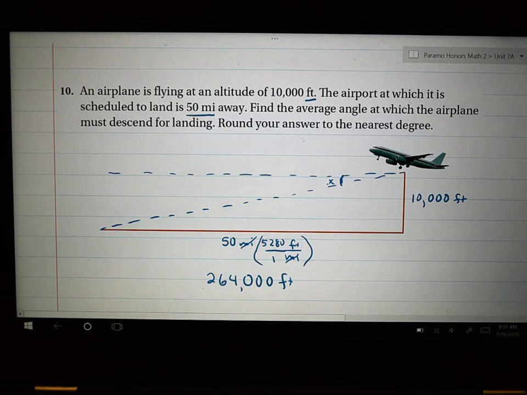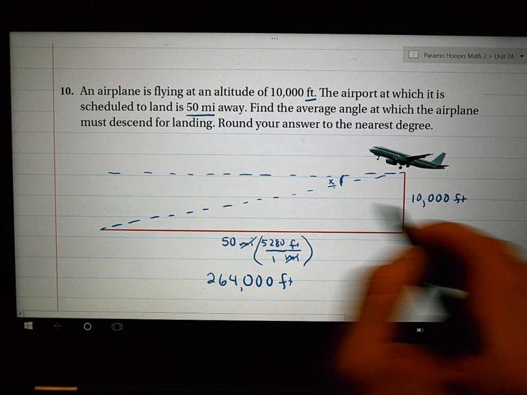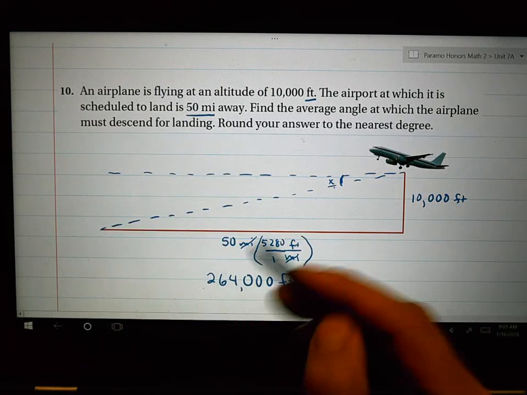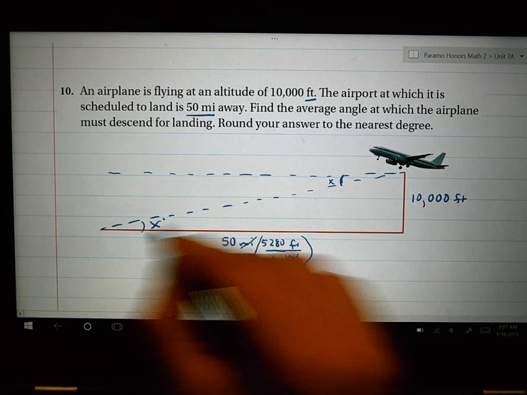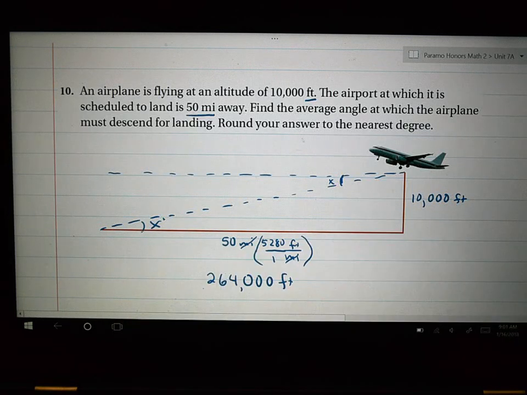And earlier, I told you that the angle of depression is congruent to the angle of elevation. So I can put the x there, and I can put the 10,000 over here, but a lot of times I'll just put the x in the same spot because they're congruent to each other by alternate interior angles.